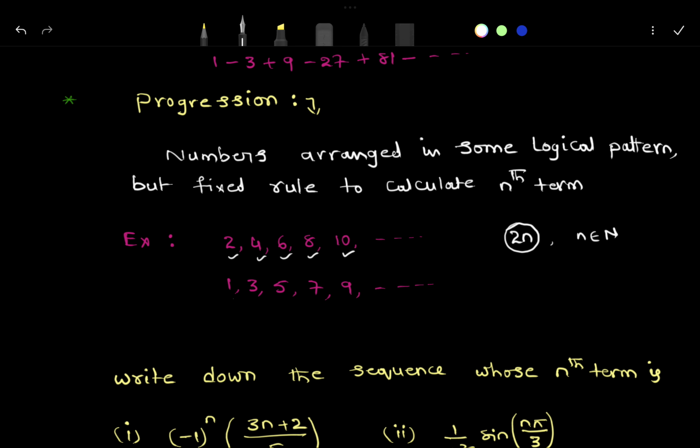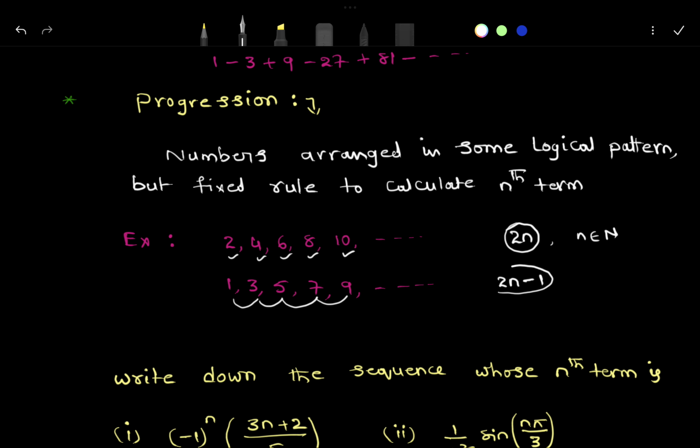In this next one, these are the odd numbers. So by observing this, the nth term will be 2n minus 1. This is the nth term.